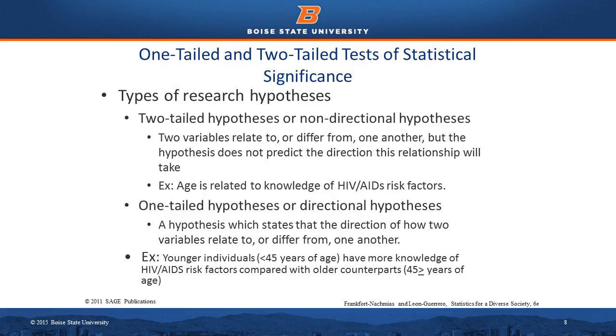Another type of hypothesis is the one-tailed hypothesis or a directional hypothesis. This hypothesis provides information regarding the direction of how two variables are related. For example, younger individuals, less than 45 years of age, have more knowledge of HIV/AIDS risk factors compared with older counterparts or those who are 45 years or older.